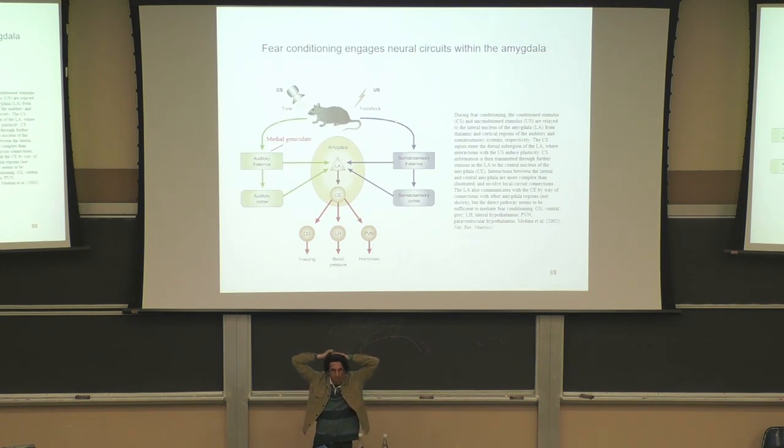The weak auditory input gets strengthened, and then after learning, the weak auditory input, which is this green synapse, is strong enough to drive the lateral amygdala to increase activity of its downstream targets, which are the central amygdala and the periaqueductal gray and hypothalamus. And then if the amygdala outputs are activated, these fear responses happen, such as freezing, more heart rate, and panic and escape and all those kinds of things.